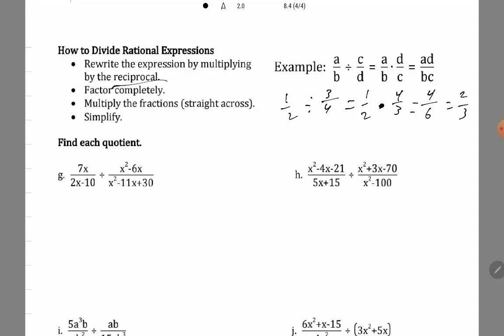So here we go. Once again, we're going to rewrite this. So we have 7x over 2x minus 10 times, so keep the first fraction the same, flip the second one. So x squared minus 11x plus 30 over x squared minus 6x. And then you multiply it like normal.